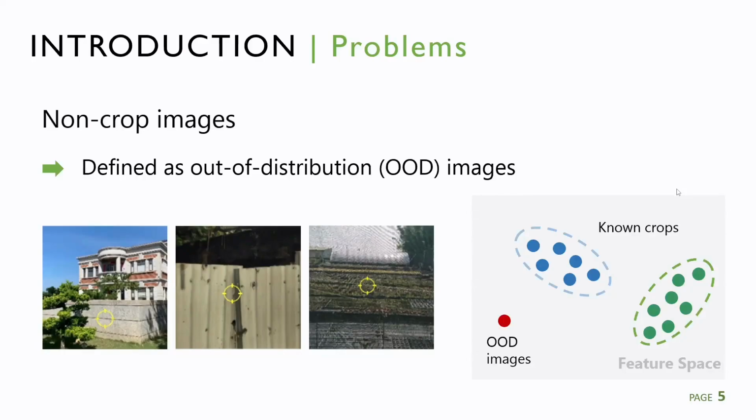You can see the figure on the right, the blue and green dots are crops, and we can know their distribution. If we know their distribution, and we know one image that is out of the distribution, we call it an out of distribution image, and we have to identify them too.